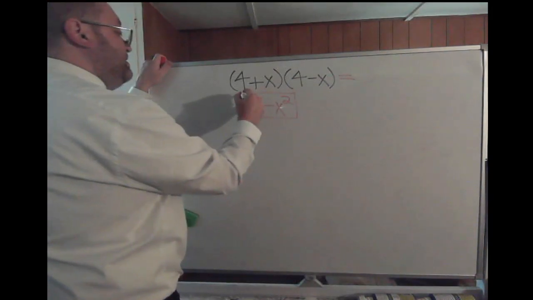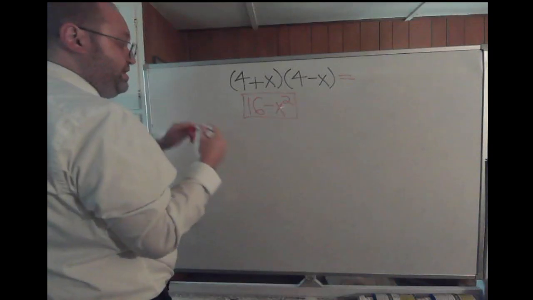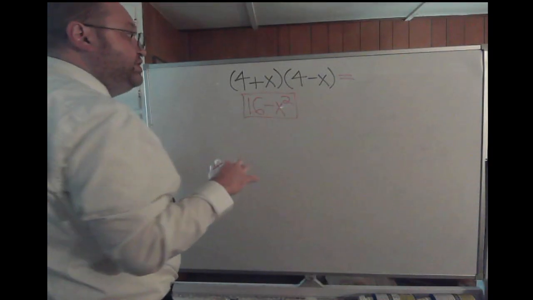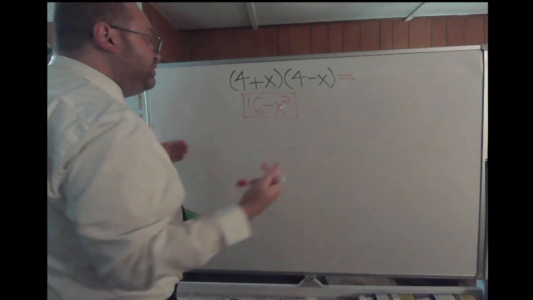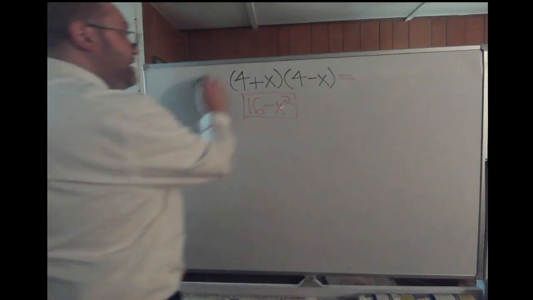You'll end up getting the first term squared minus the second term squared. That's a shortcut we can use to save you the trouble of using the FOIL method. You would end up getting 16 minus x squared. You end up getting a perfect square binomial, is what it's called.